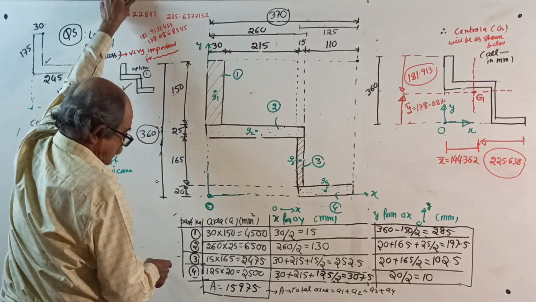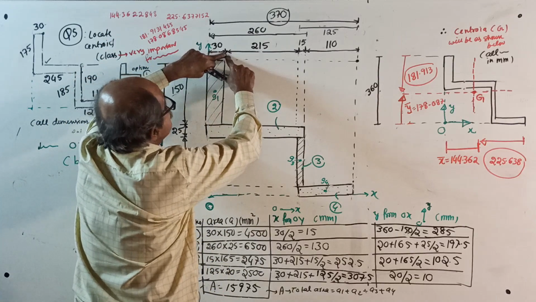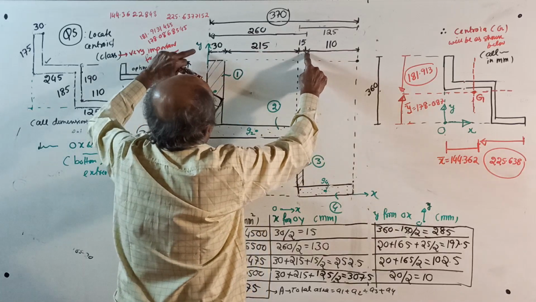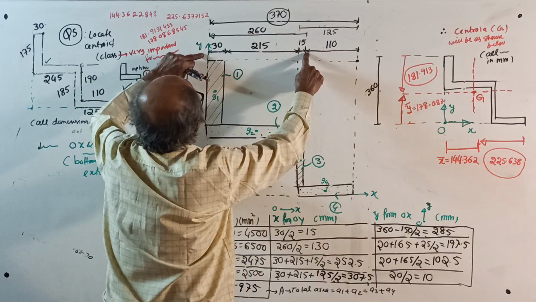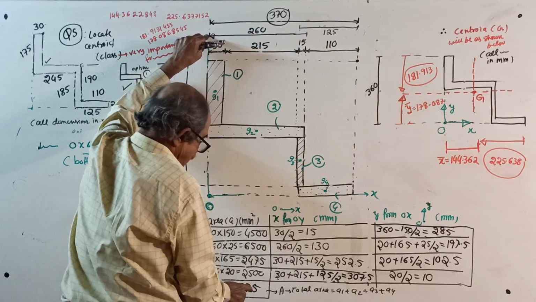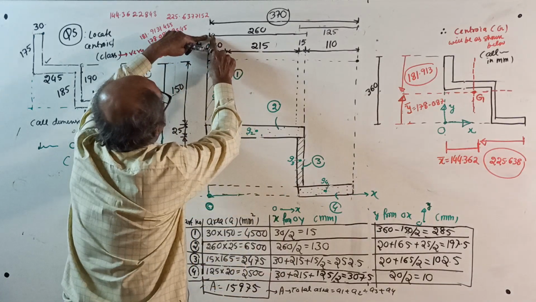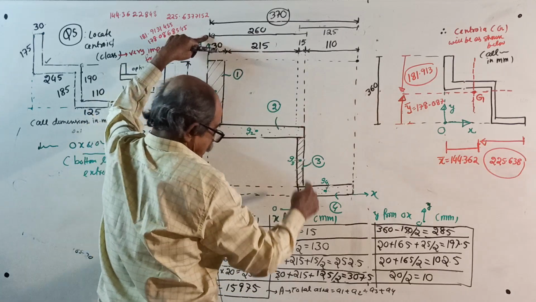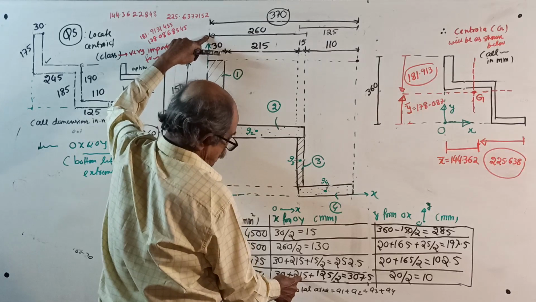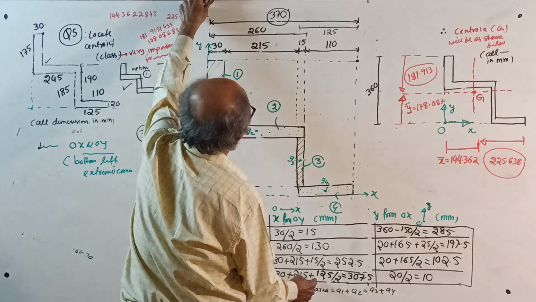You can do one thing. 30 plus 215 plus 15. Or directly 260, I wrote that way. 30 plus 215 plus 125 by 2.